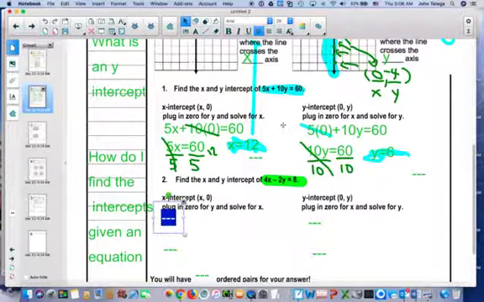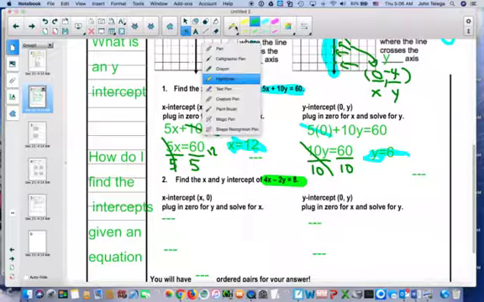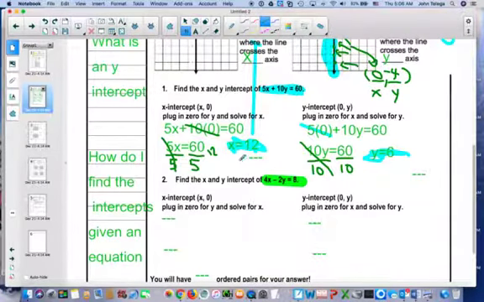So basically these are all, like when I say x is 12, I know then my y is 0. Okay, so if I were to create the coordinate pair for this one, remember those are the ordered pairs.